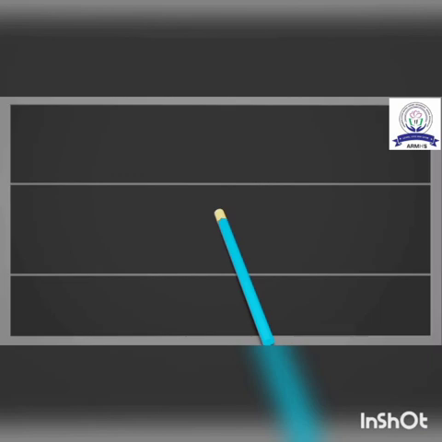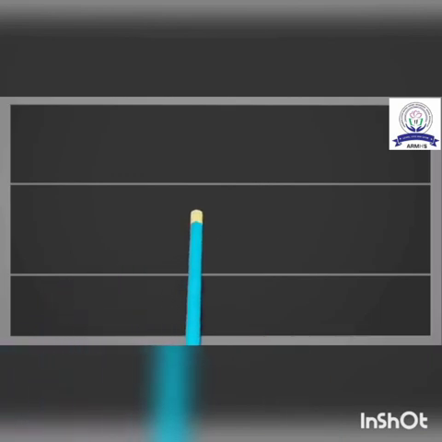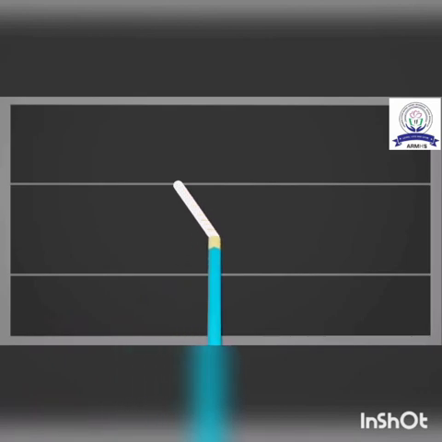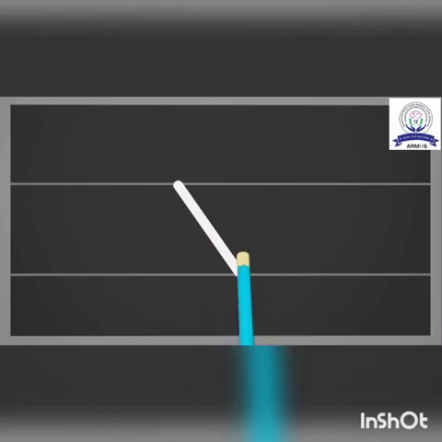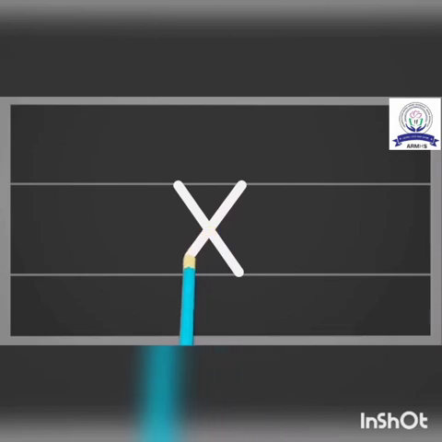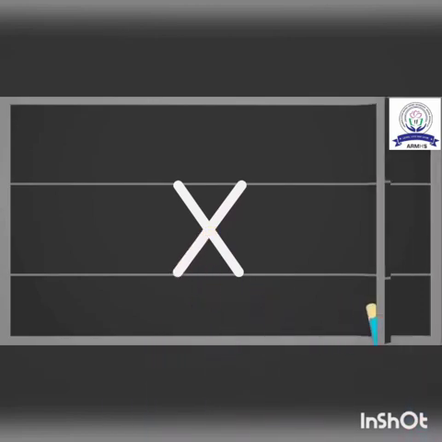Starting from the middle, draw a slanting line towards the right. And then go to the middle, draw a slanting line towards the left, cutting the first line in the center.